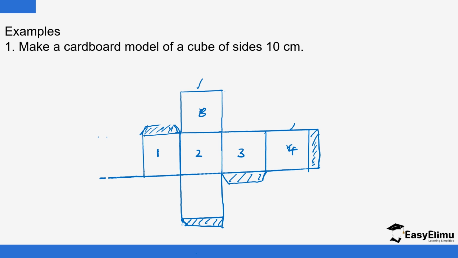So you just need to cut this out, and you complete the net, the model, and then you'll be able to have all the faces. So we have all the 6 faces. This being the top, and this being the side: the first side, the second side, the third side, and the fourth side. So 4 sides on the sides. Then this is the top, and that is the base.